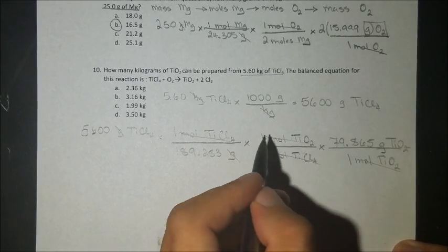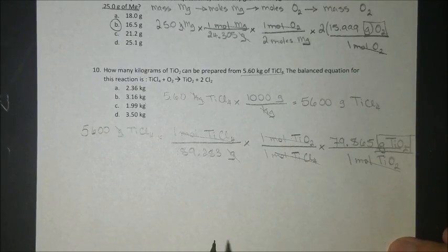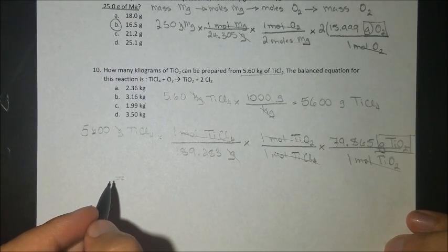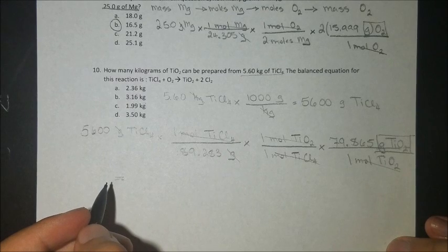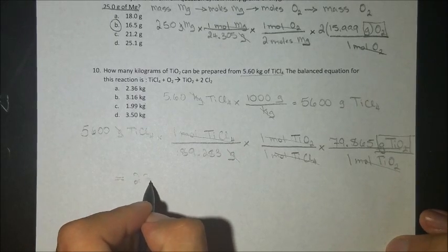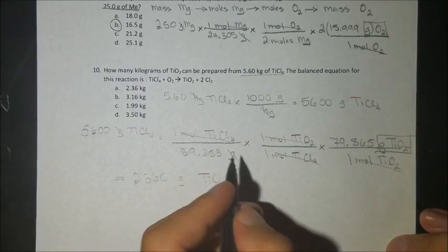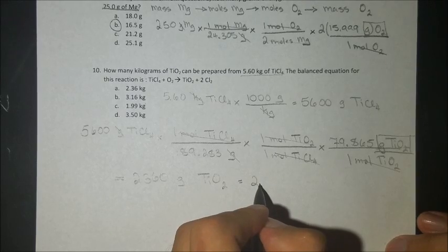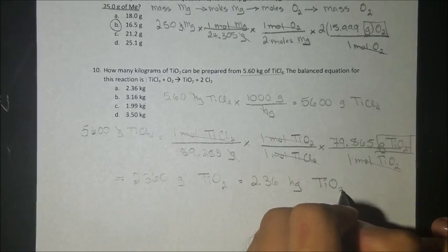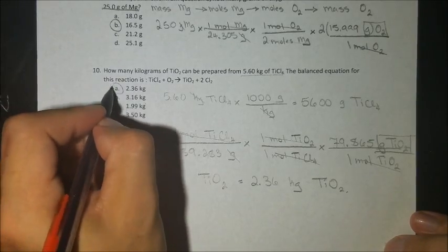So now our moles cancel, and we're left with grams of titanium oxide. If I was to run this through my calculator, I would get 2,360 grams, which would just be 2.36 kilograms of titanium oxide. So the answer that corresponds to is A.